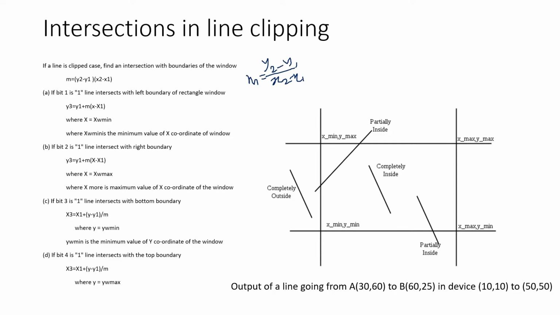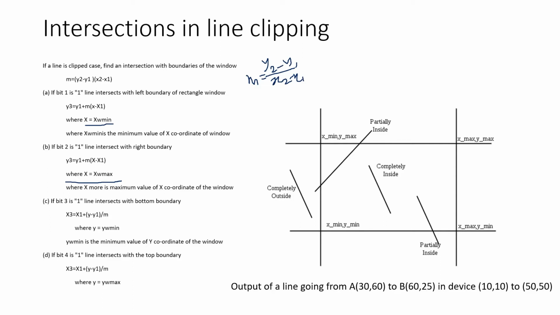If we are going in this direction, the value of y remains fixed and the value of x is changing. So in that case we set x equals xw max or x equals xw min. And if the line intersects the top or bottom boundary, in that case the value of y is changing.